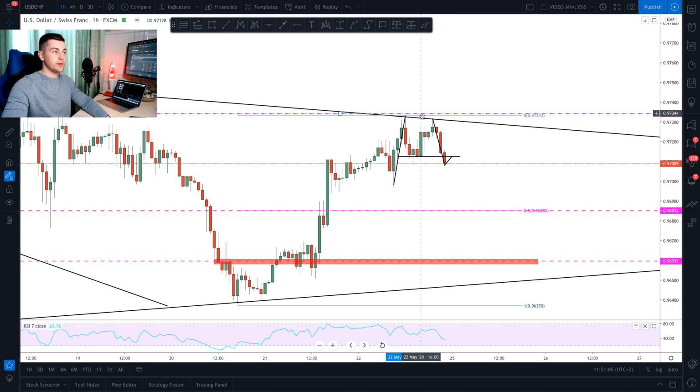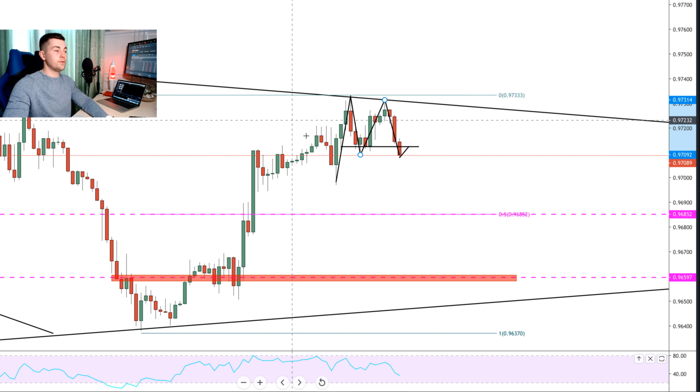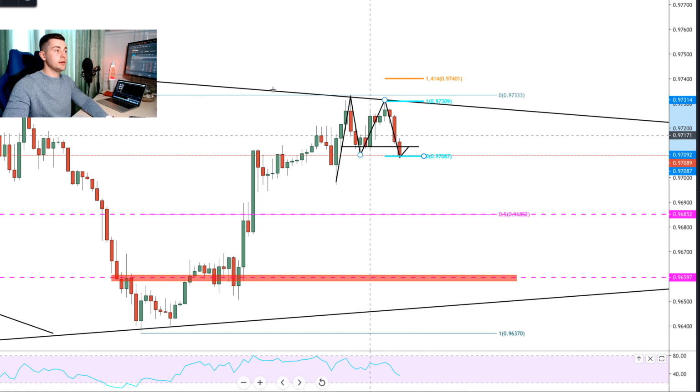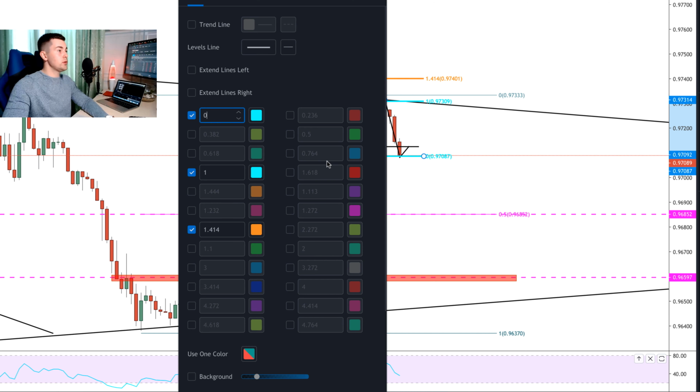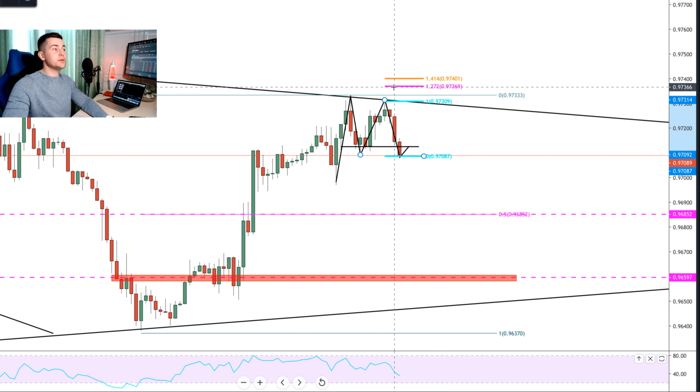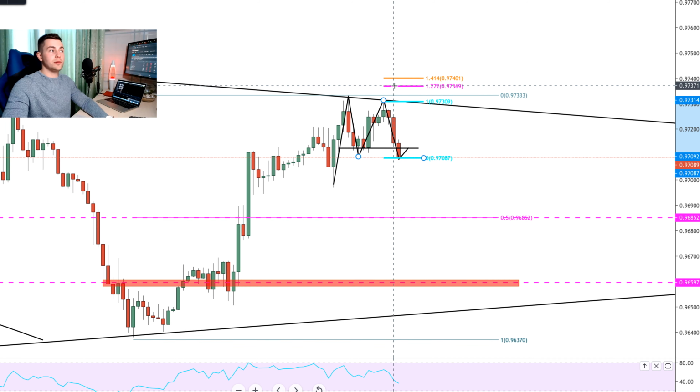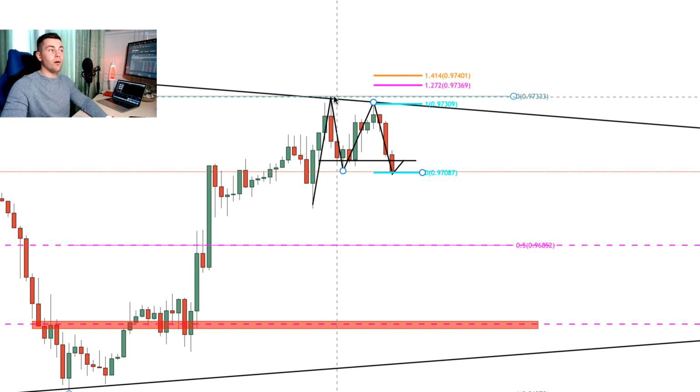Here I want to pay attention to this bullish retracement, and based on that we will use Fibs. We will take the Fib extension tool and, from swing low to swing high, draw the Fibs. Here we will add the 1.72 level. What I like about the 1.72 level is that it is clearly above the tops.